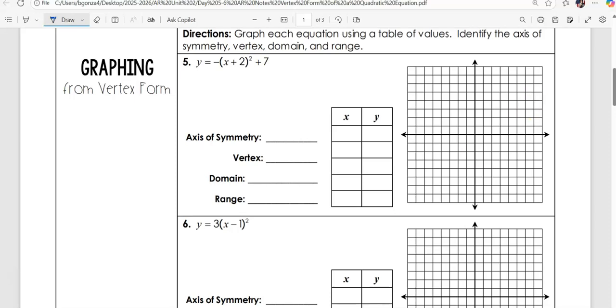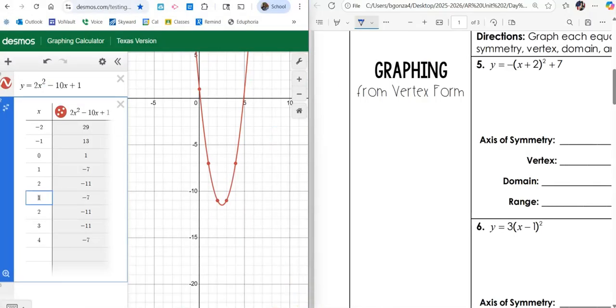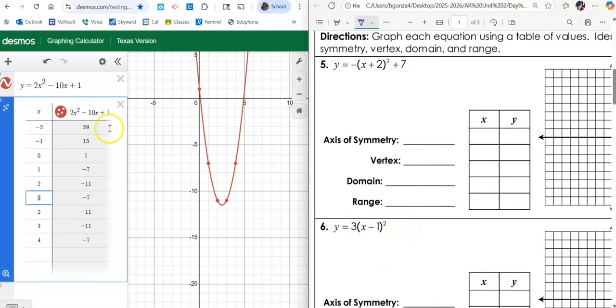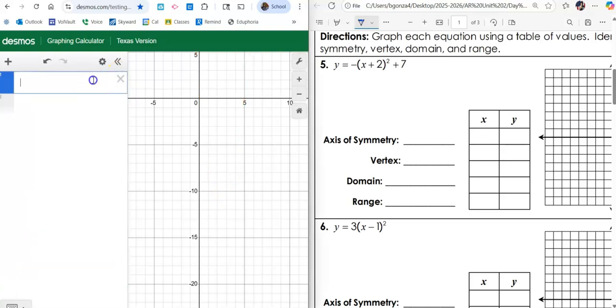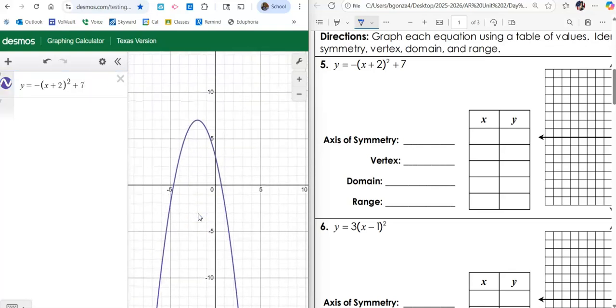What am I going to do with this? Once again, you can take this over to Desmos and get all this information. So let's do that. If you just type it in, y equals negative parentheses x plus 2 squared plus 7. What we learned on Wednesday is you can just click that top of it or the bottom of it, whichever the vertex is, and you just write that for vertex.